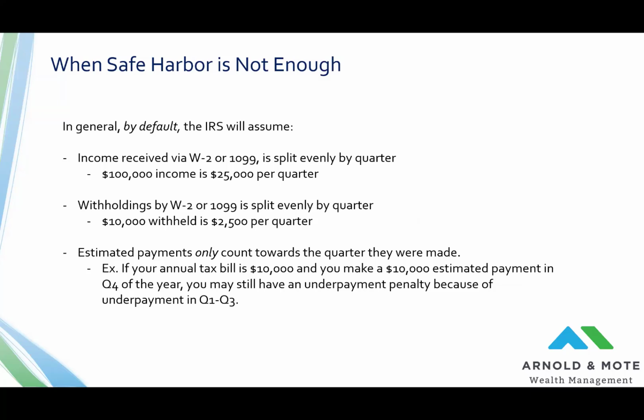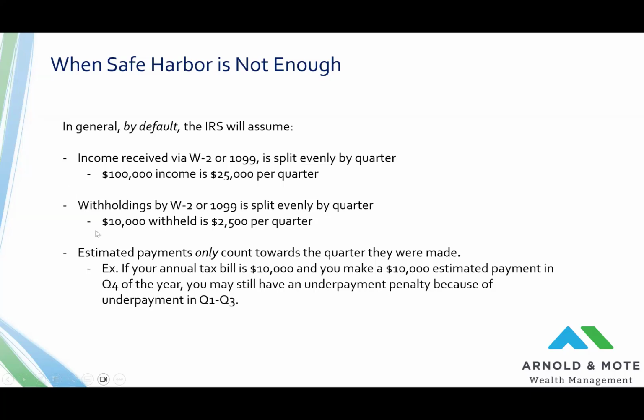And so if you have a $100,000 W-2 income or $100,000 from a 1099-R IRA withdrawal, the IRS is going to assume that $25,000 of that came in the first quarter and $25,000 every quarter thereafter. Even if your only income was a $100,000 IRA withdrawal on December 31st, the IRS is going to assume that that came regularly through the year.